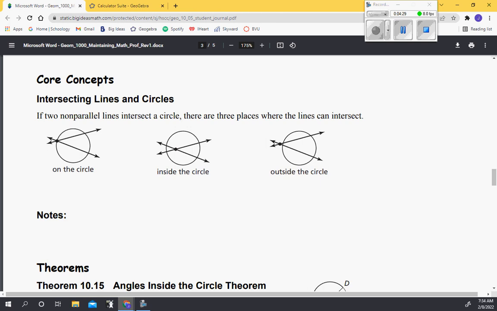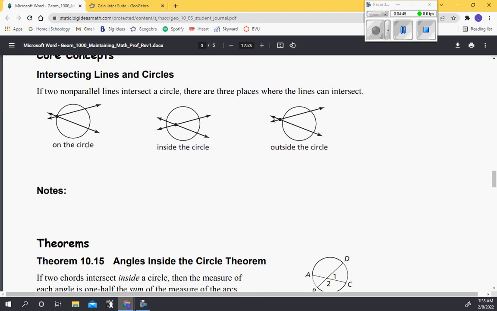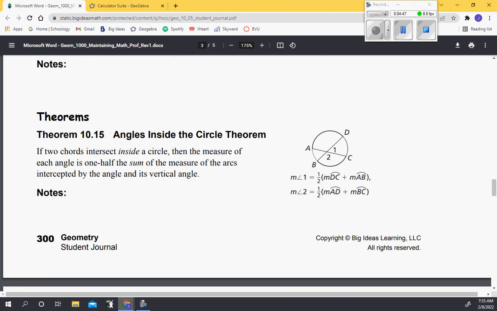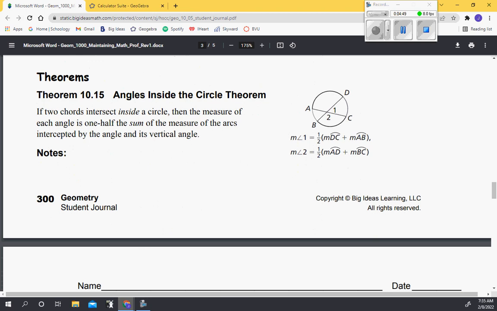There are times where we have intersecting lines on the circle, inside the circle, or outside the circle. And we can use rules to find each measure in any circumstance or any case. Inside the circle. Let's start with the measure of angle 1. If we have two intersecting lines, okay, we have vertical angles, right?